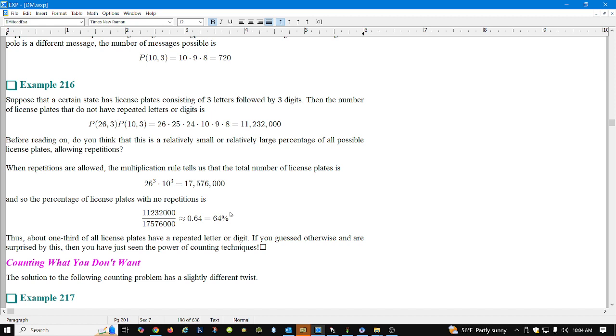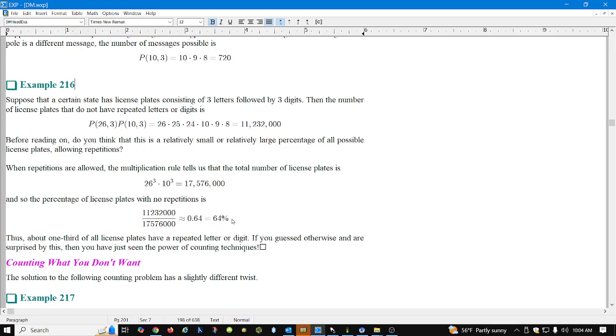So the percentage with no repetitions is this number divided by this number. 64% of all license plates have no repeated letters or digits, which means about a third of all license plates have a repeated letter or digit.